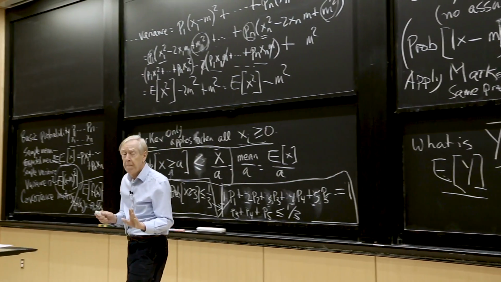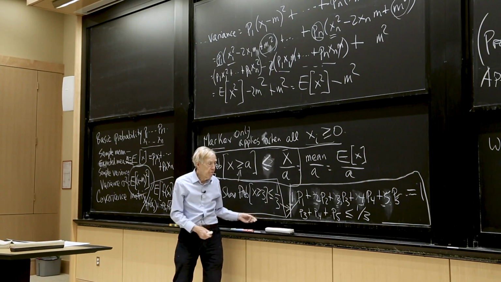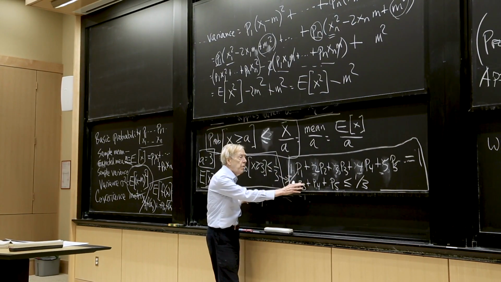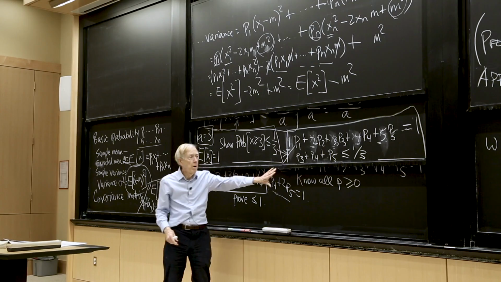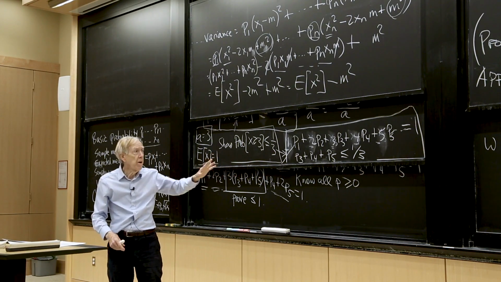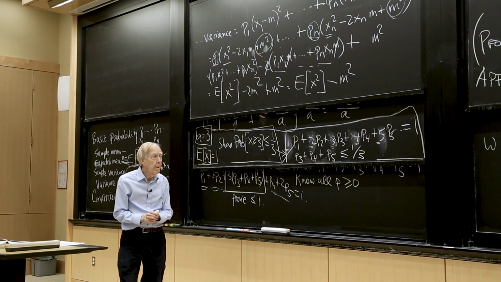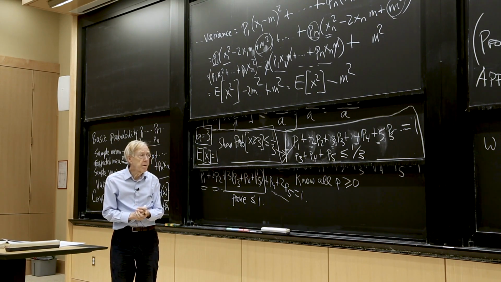So here is a very simple proof for Markov, and then everybody agrees that Chebyshev follows right away from Markov. Those are two basic inequalities.